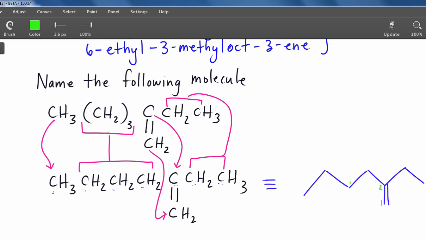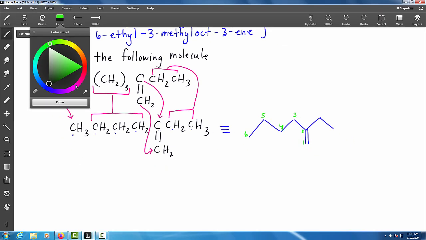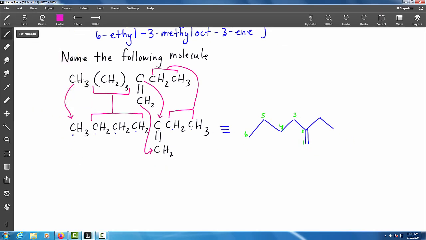So this would be 3, 4, 5, 6. Okay, so my longest carbon-carbon chain would be this.